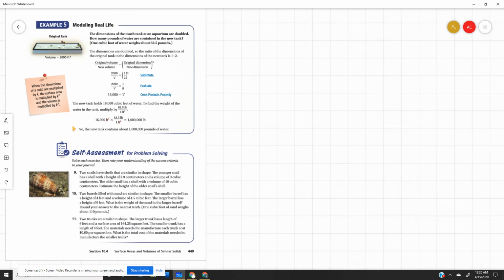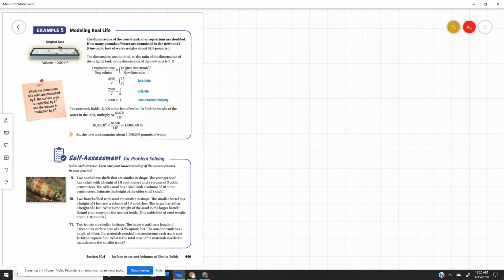All right, example 5 is our modeling real life. This is our last example. It says the dimensions of the touch tank and aquarium are doubled. How many pounds of water are contained in the new tank? And it says 1 cubic foot of water weighs about 62.5 pounds. So we have an original volume and a new volume, okay? We have our original tank.